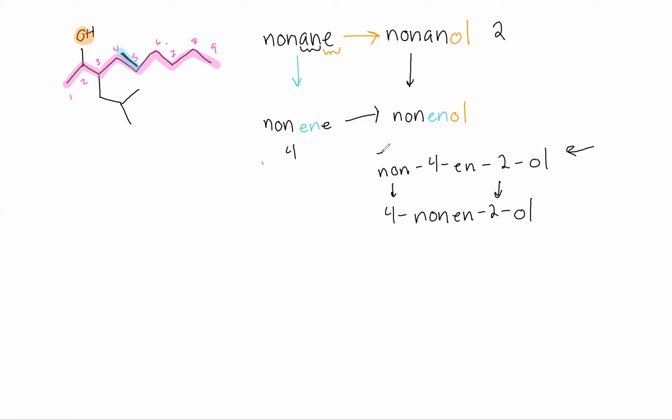So again, I prefer this way, so I'm going to go ahead and use this as my parent name. So my parent name now is going to be non-4-ene-2-ol. And so the last part here is going to be adding that last substituent right here.